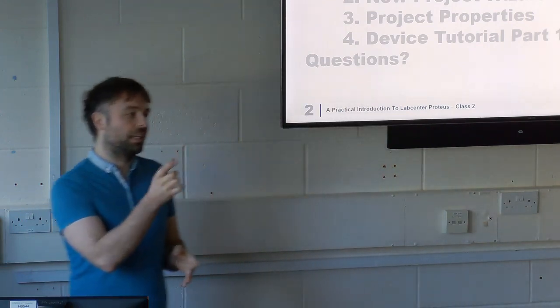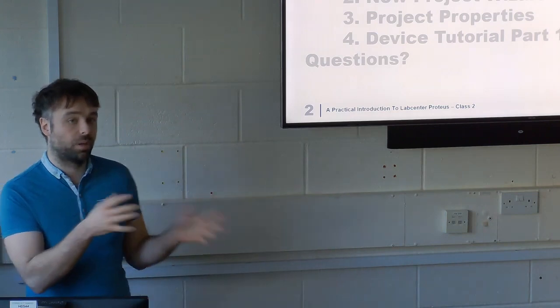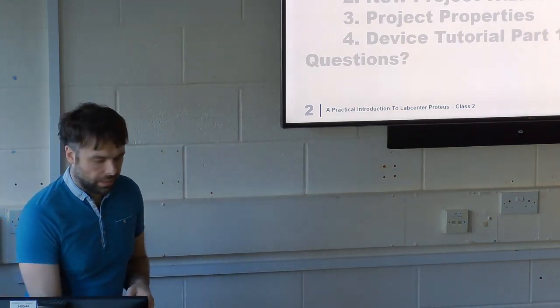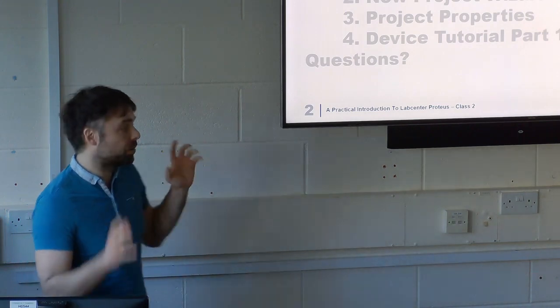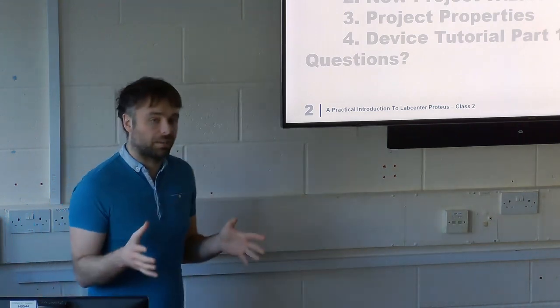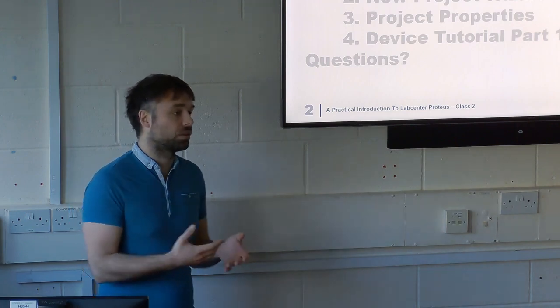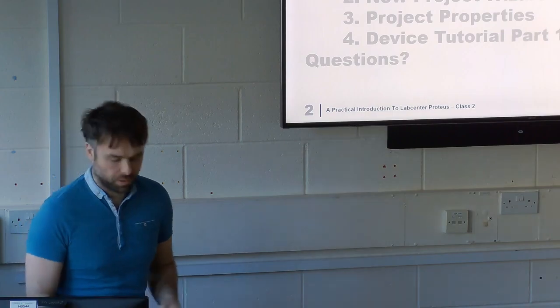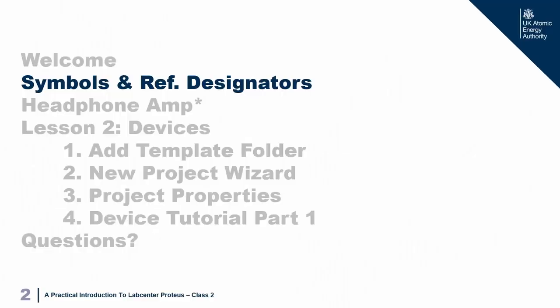They're the little unique identifiers of components, like R12, U3. We're going to talk very briefly about the actual circuit that we're going to be building, because it's useful to have a little bit of background on what we're doing. This is an electronics course, but I wanted to give you a bit of an understanding of what we're doing. Then we're going to go into the main bulk, which is learning how to create devices in Proteus.